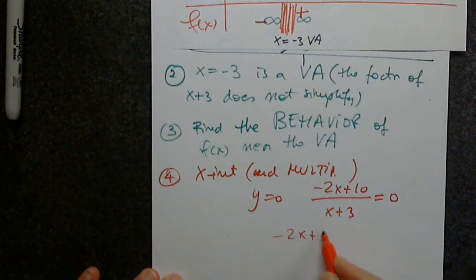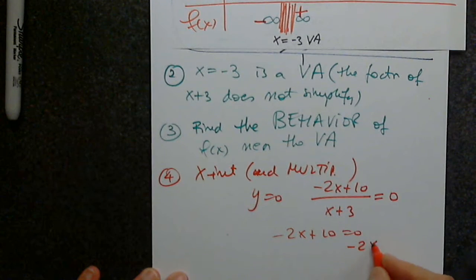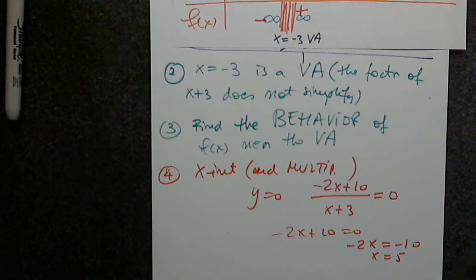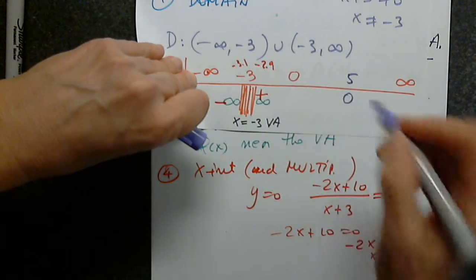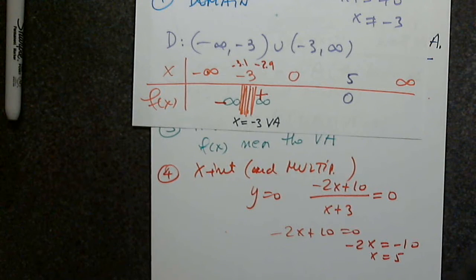So -2x plus 10 equals 0. -2x equals -10. X equals 5. So I'll go back to my table and put 5, 0 in the table, in the correct place.